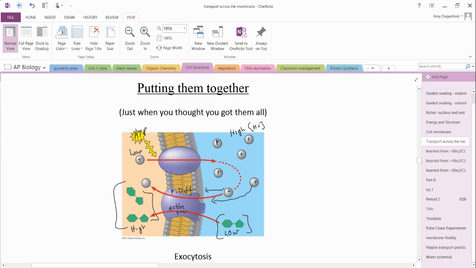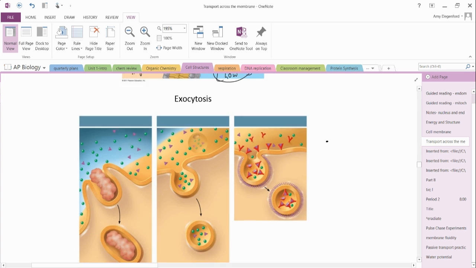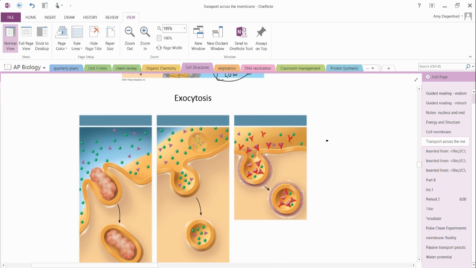So it's kind of an interesting combination. And the reason this works is because you've got this high concentration to piggyback the low concentration of that molecule. And plant cells do this with the proton pumps. We do it with the sodium-potassium pump. And we will talk about exocytosis and endocytosis tomorrow.